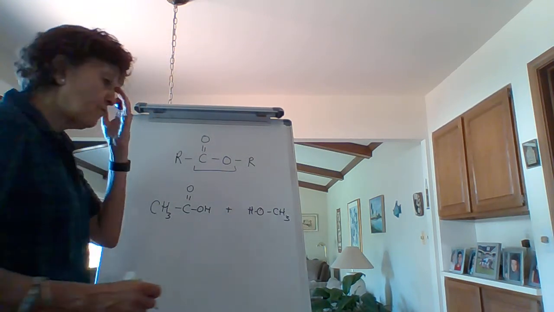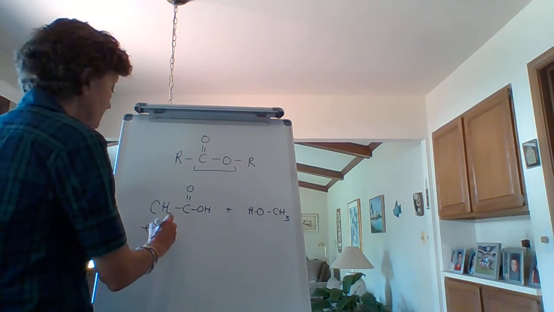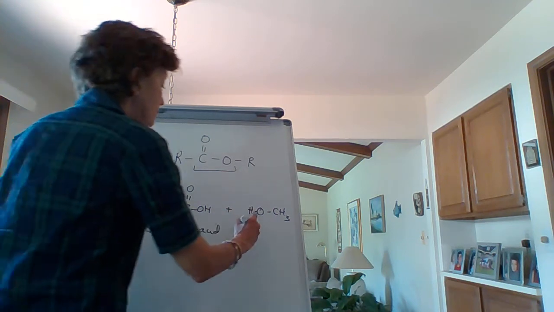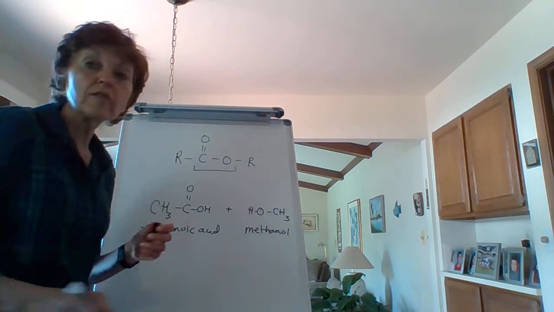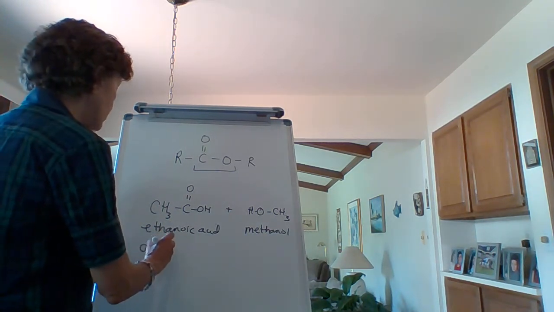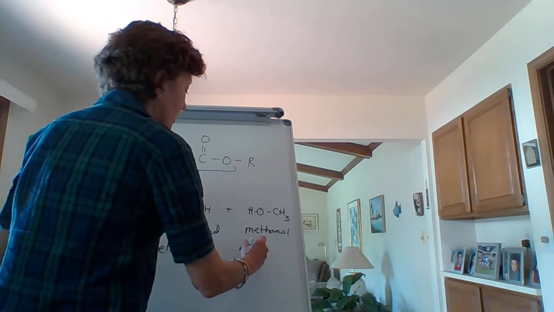Okay, so for the heck of it, let's name this. This would be ethanoic acid, and this is methanol. That's the IUPAC name. What would the common names be? This would be acetic acid, and this is methyl alcohol.